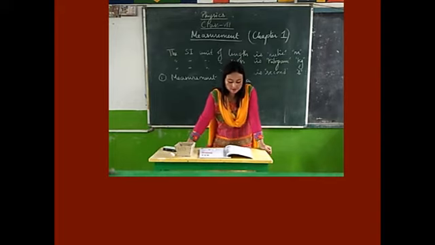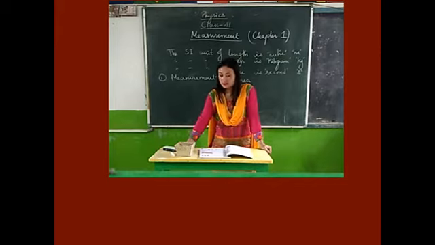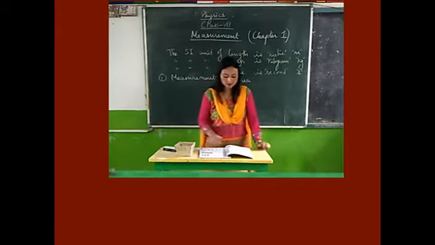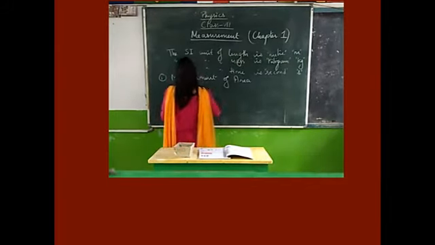Okay, now the question here, we have checkpoint. It says the length of a rectangular field is 50 meter and breadth is 35 meter. Calculate its area. Though it is math based, but still it's here in the physics, so we'll be doing it.